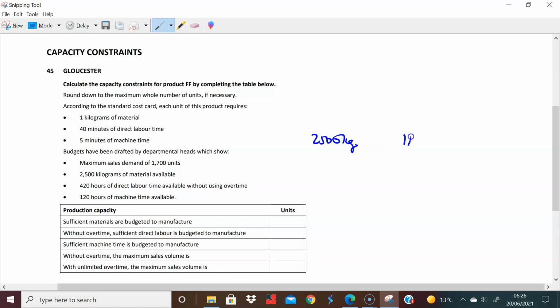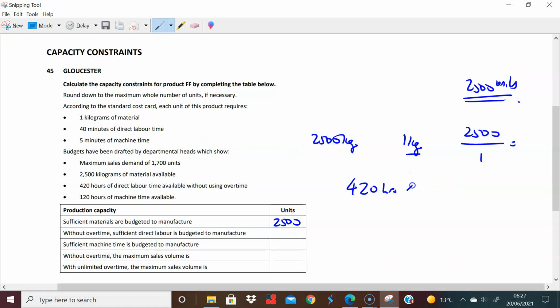And if you need 1 kilogram to make each unit, that's straight: 2,500 over 1, which is 2,500 units. Great stuff. That's the first thing, so I could write here 2,500 units. Then it talks about direct labor. We have 420 hours available to make all the units, but it takes 40 minutes to make each unit.